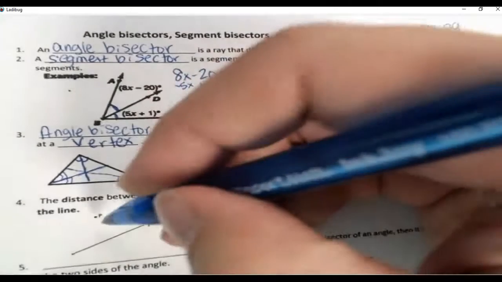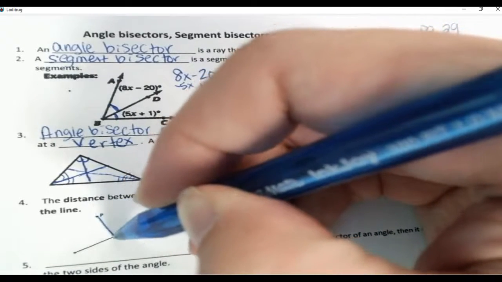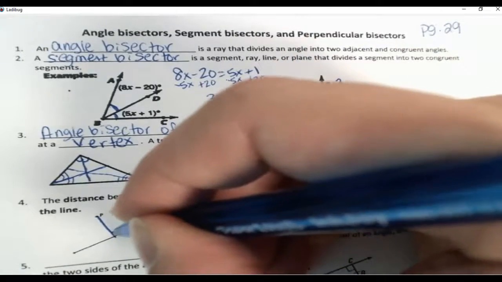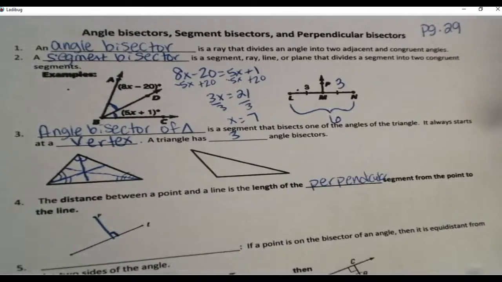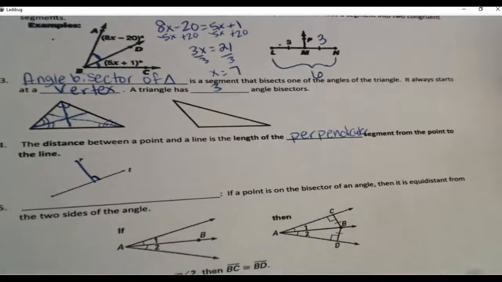So, if I connect P with a perfectly straight line down here and made it perpendicular, that's just a perpendicular segment.